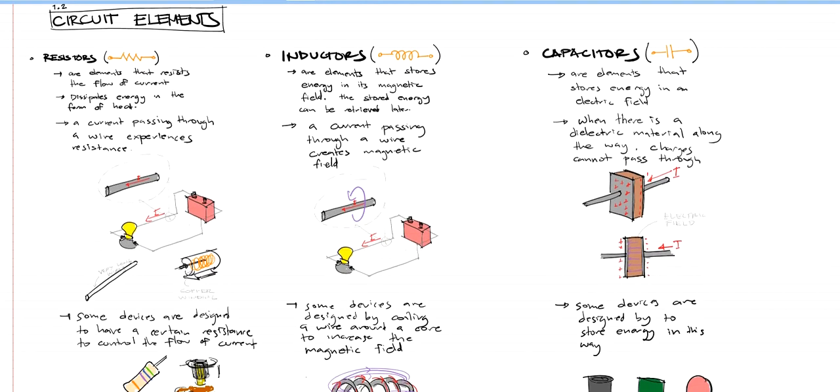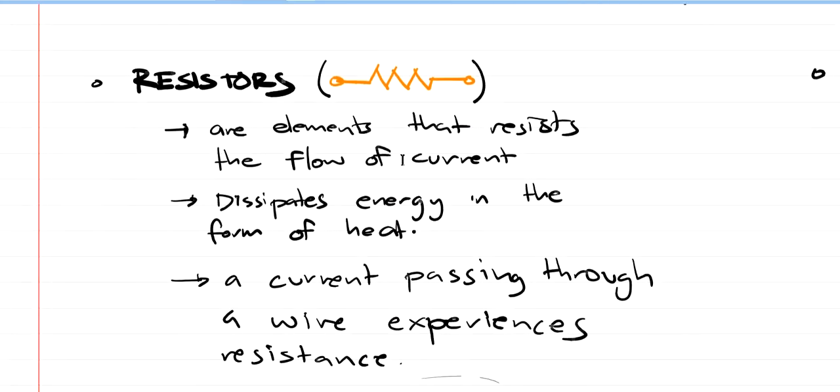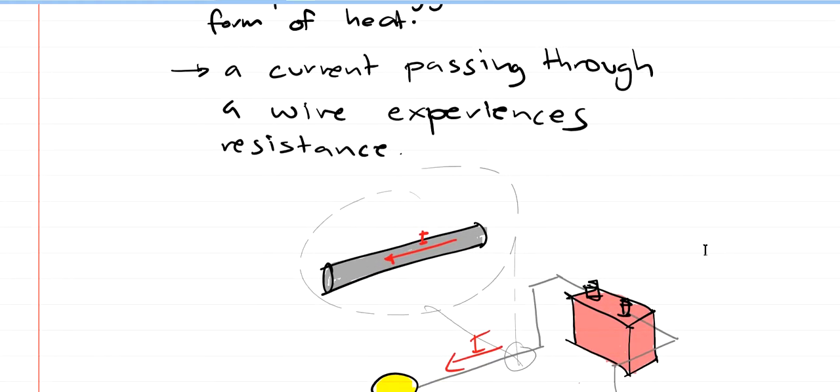Okay, so now let's discuss this in detail. So resistors, right? There we have the symbol right here. So here's our symbol, and these are elements that resist the flow of current. And because it resists the flow of current, somehow it dissipates energy in the form of heat. So let's say we have this wire.